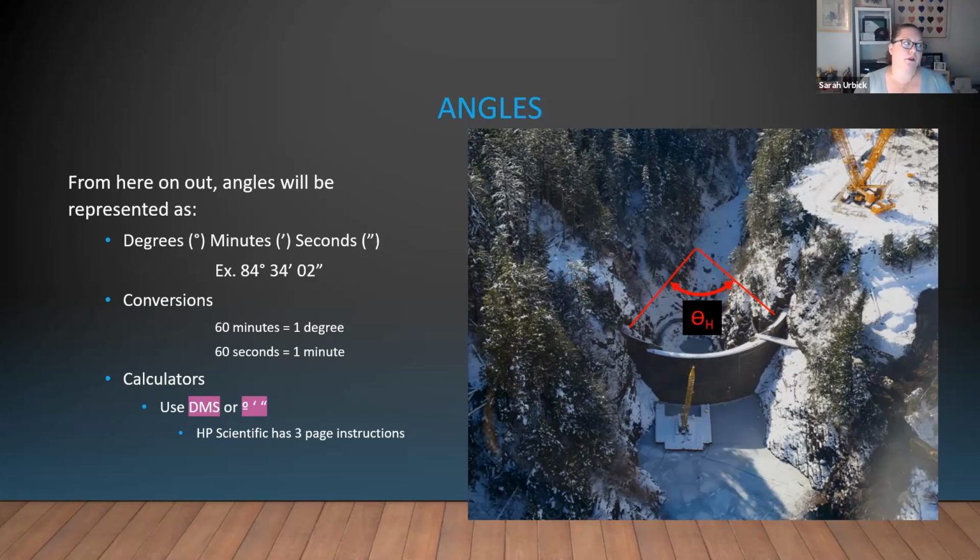We want to report it in degrees, minutes, and seconds. Okay. 84 degrees, 34 minutes, 2 seconds. Easy conversion, minutes and seconds, just like the hour hand on the clock. 60 minutes for a degree, 60 seconds is 1 minute. So conversions are pretty simple. Okay.